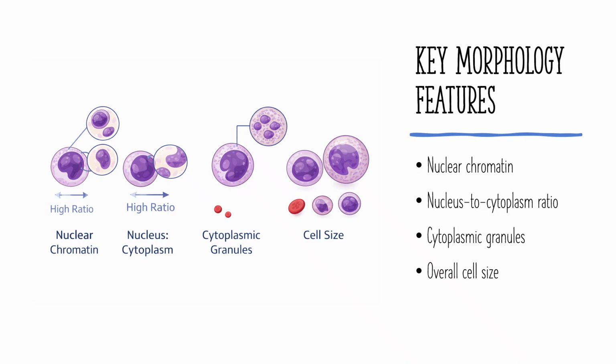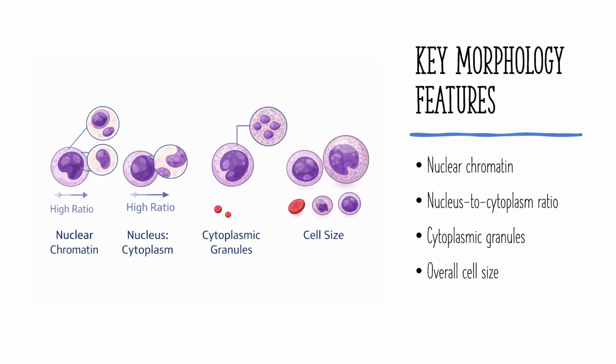Open chromatin equals immature. Condensed chromatin equals mature. Number 2, nucleus to cytoplasm ratio, or N:C ratio. Immature cells have large nuclei and minimal cytoplasm. As maturation progresses, cytoplasm increases and the nucleus becomes proportionally smaller. This is one of your fastest maturity indicators.